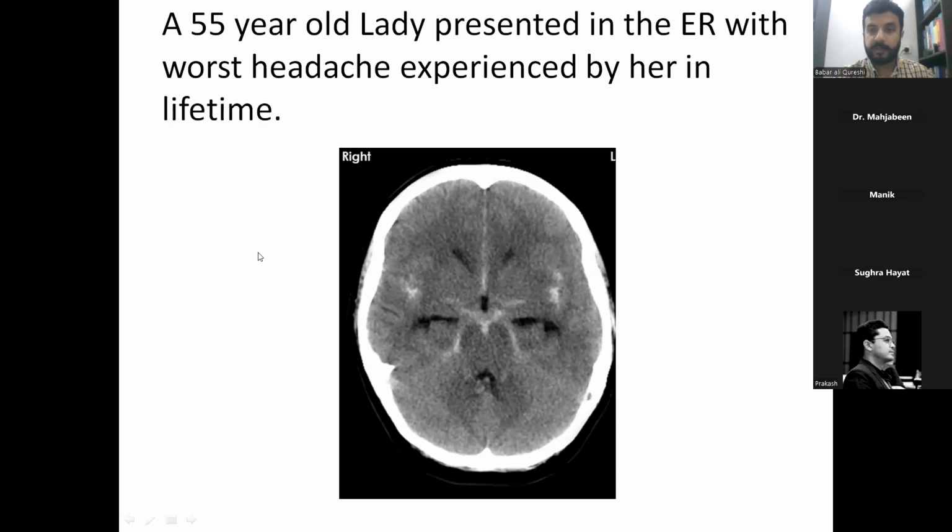How will you prevent the rupture in this patient? By doing early surgery, sir. By maintaining the blood pressure? Yes, by maintaining the blood pressure, as well as doing early surgery, sir.